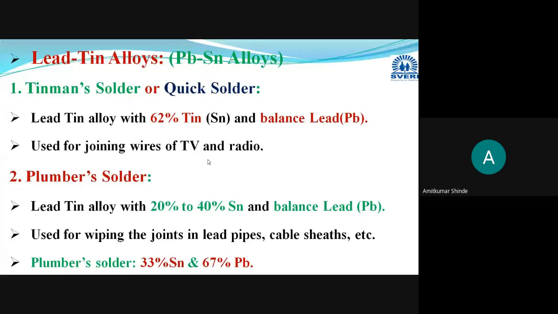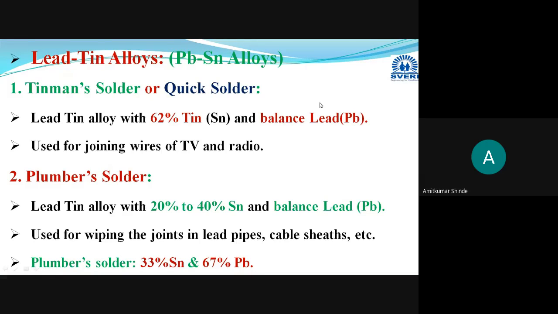The first solder which is available is the Tinman solder or quick solder. It will be a lead and tin alloy, and here the composition will be 62% tin, and the remaining, that is 38% lead. This is the Tinman solder, also known as the quick solder.